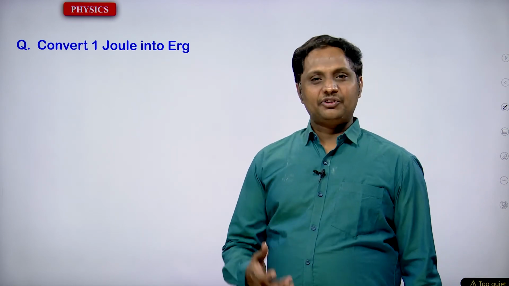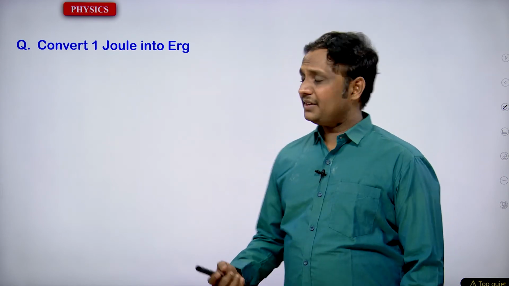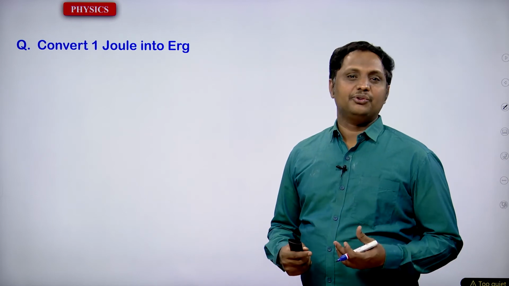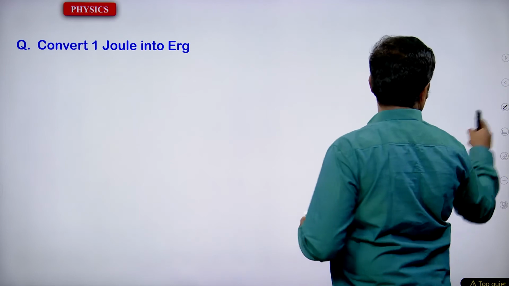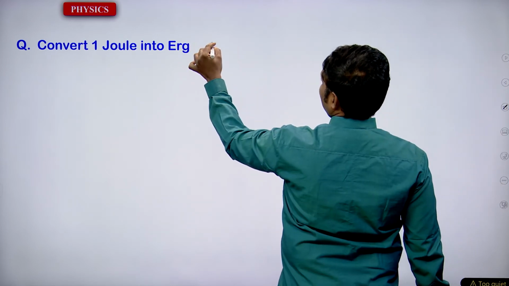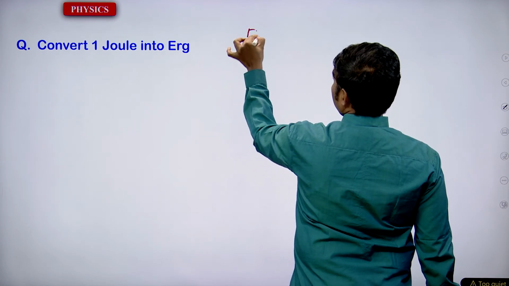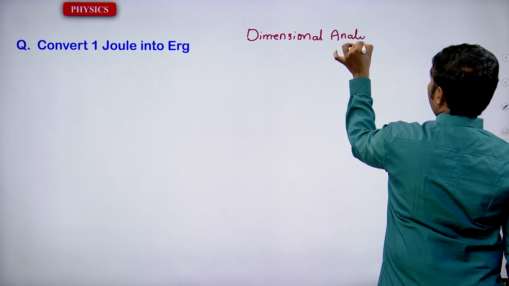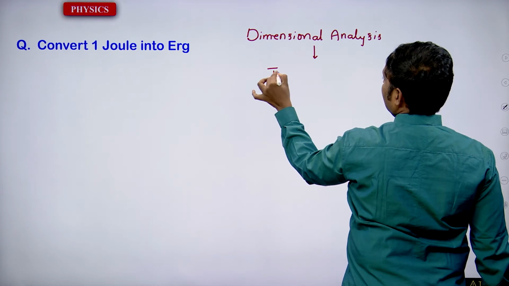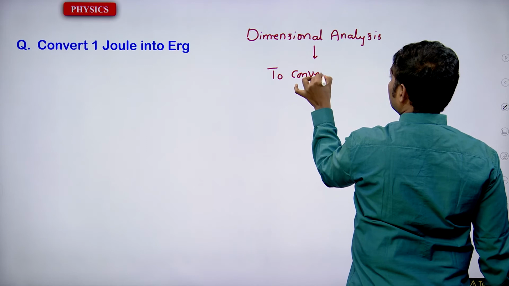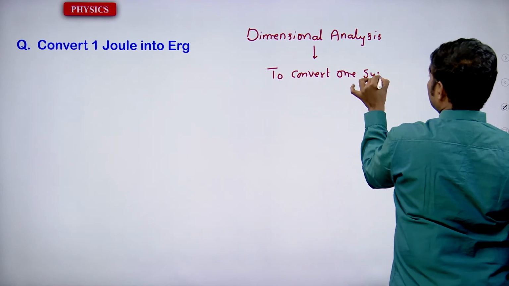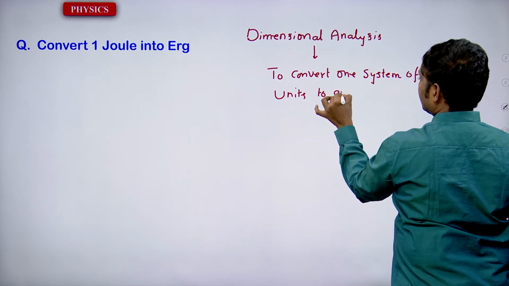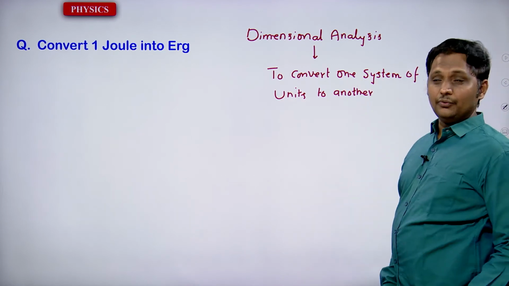Both are derived units to represent energy. Joule is the energy unit in the SI system, while erg is the CGS unit to represent energy. So, dimension analysis is used to convert one system of units to another. It is very clear, we would like to go for this conversion.